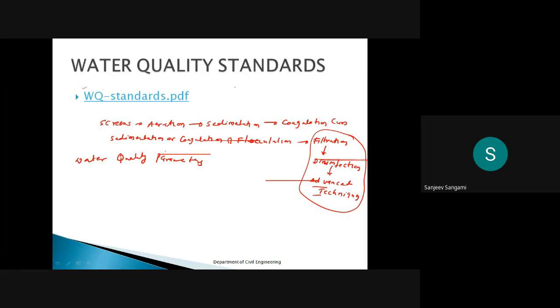Okay. So list any water quality standards or water quality parameters according to IS 10500 2012. Okay. So in this code only, we have all the parameters available. More than 24 parameters are available in this standard. We'll look at that, and there we will classify the parameters.